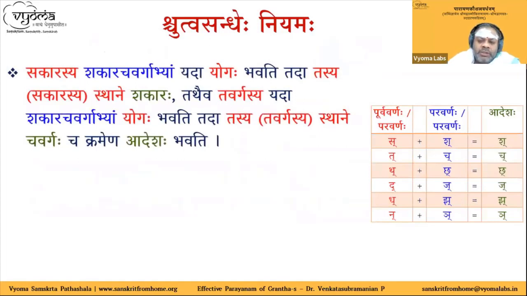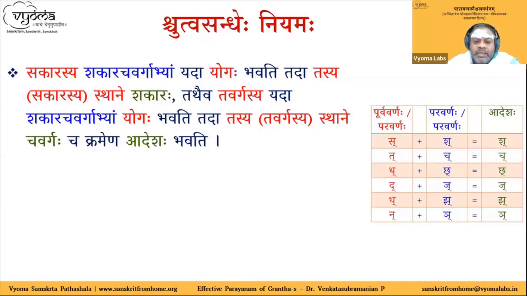Now, sakara chavargabhyam yada yogaha bhavati. Now, sakara, if it is in contact with shakara or chavarga, either in the purva or in the para. That is why we are saying yogaha.